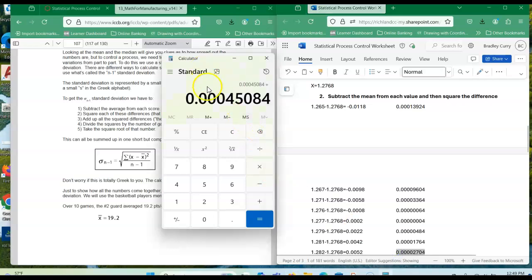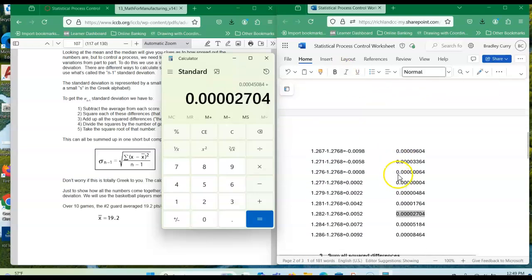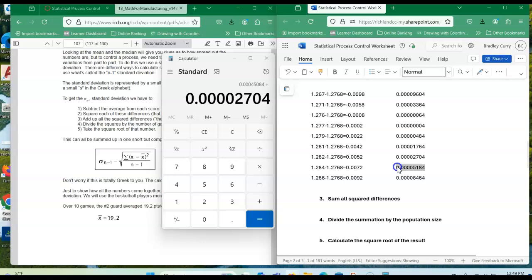So that's going to be 0.00002704. So scroll down over here. So we're moving on to this one. Plus 0.00005184. And then I'm almost done here with my last one. So this is going to be plus 0.00008464, and we can say equals.